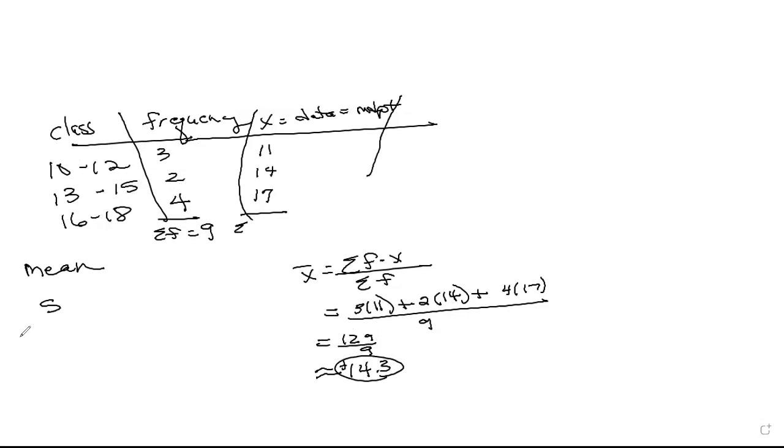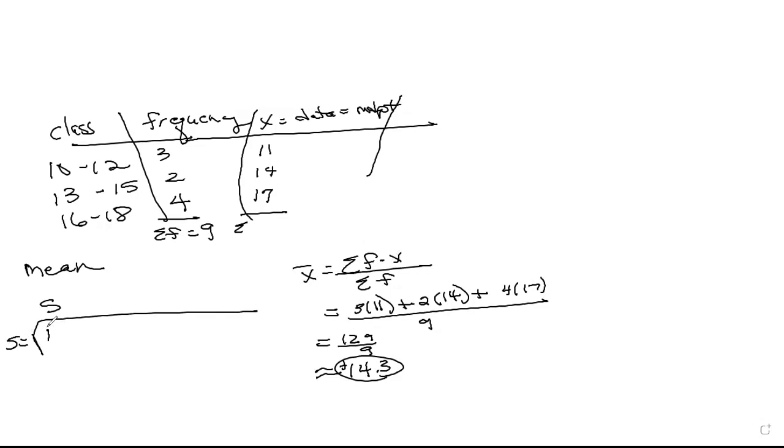Now, the other formula you need on your sheet is the standard deviation formula. Now, it's longer. I'm not going to take time to work it all the way out, okay? But I do want to make sure we're clear about kind of how to do that. And again, that's in your book and it's on your formula sheet, okay?